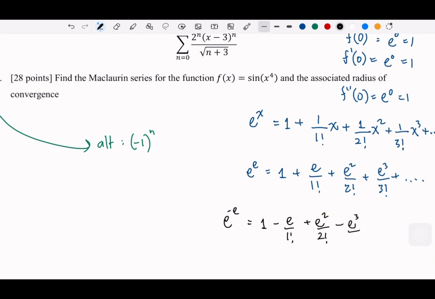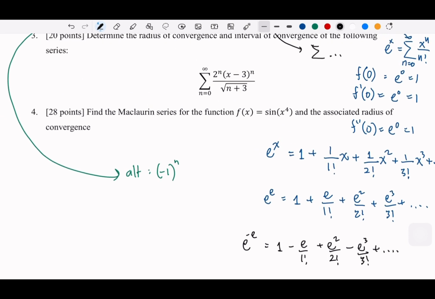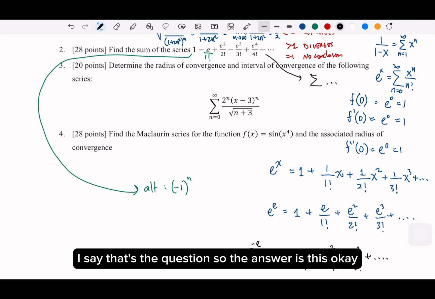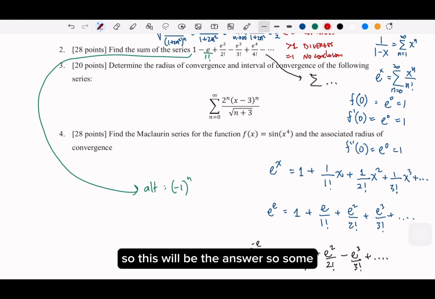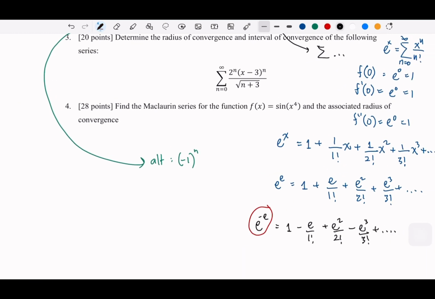Same, right? Is it the same, that's the question. So the answer is this. So this will be the answer: the sum of the series.